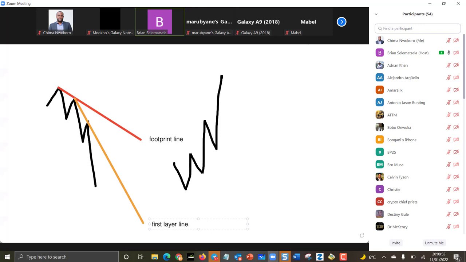And this line helps us to distinguish if the market will continue going down or the market will break and go to the opposite direction. If it will continue down, it won't even touch this line. There's our footprint.